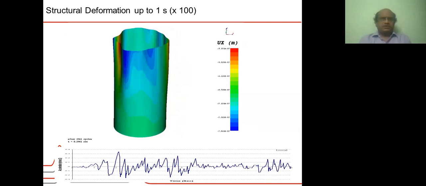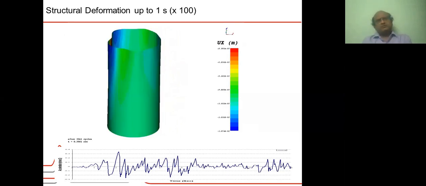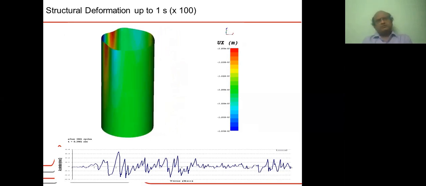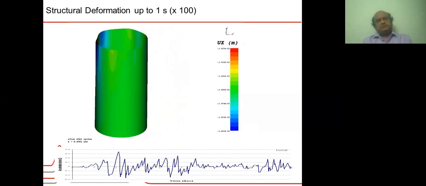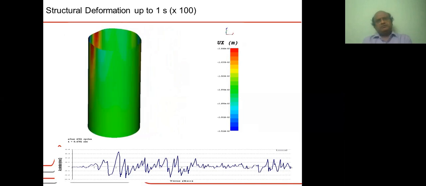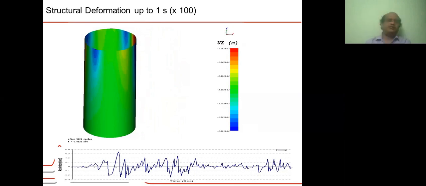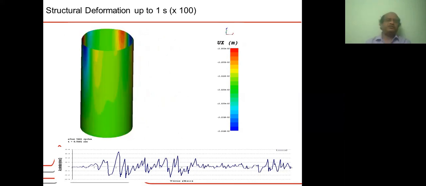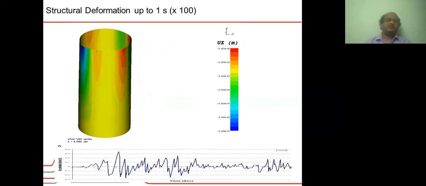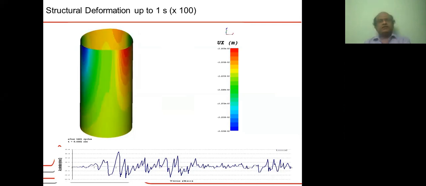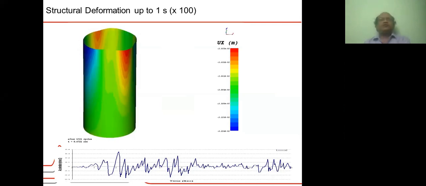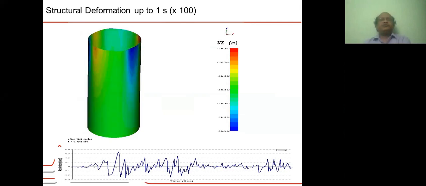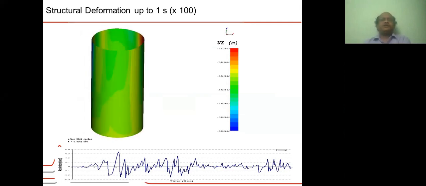But you can see that this corresponds to the first cycle of the seismic oscillation. So you can see it comes to the left and then goes to the right. And you can see that even that movement causes different kinds of behavior at different places.